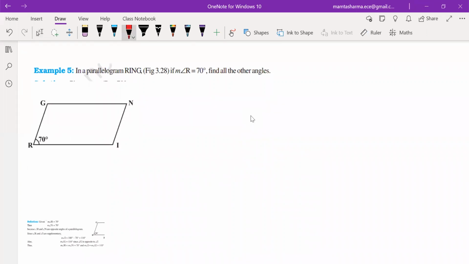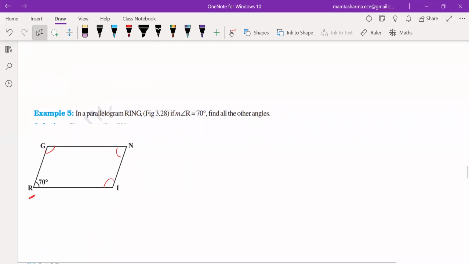If this angle is given in a parallelogram, find all other angles. Ma'am, angle N is also 70 degrees. Yes, they are opposite angles. Now for the other two, use the adjacent angle property. We know that adjacent angles in a parallelogram sum to 180 degrees.